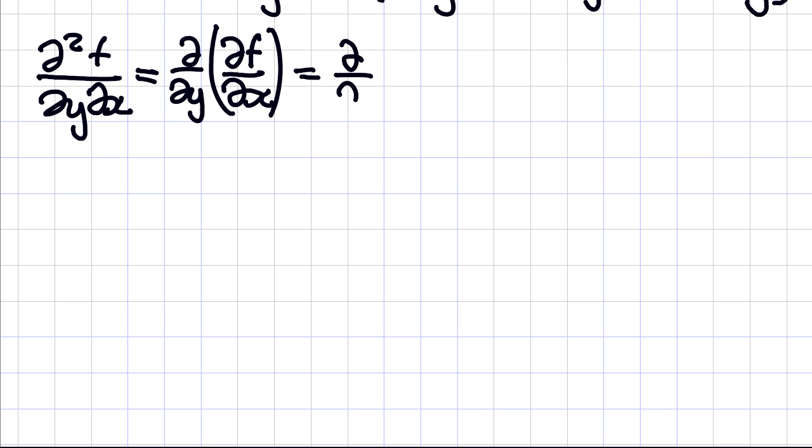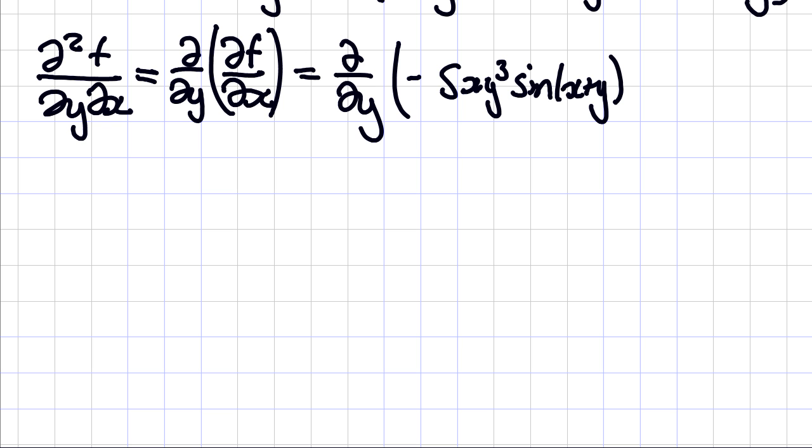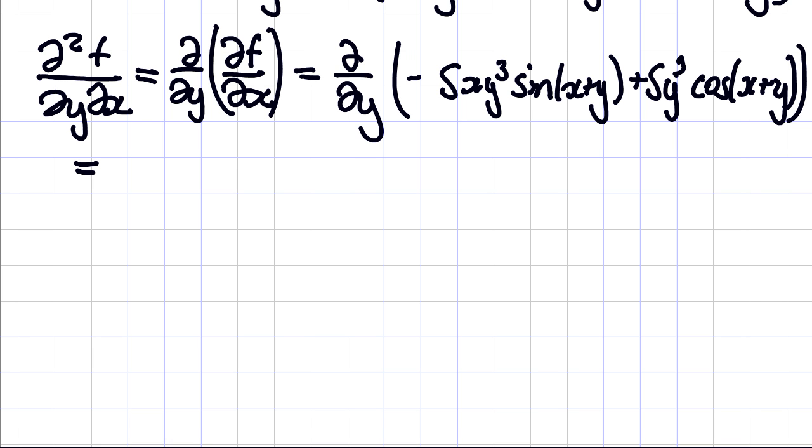So that's d by dy of minus 5xy cubed sine x plus y plus 5y cubed cos x plus y. And this time I need to apply the product rule to both terms because both factors of both terms have y's in them. So we'll start with the first term.